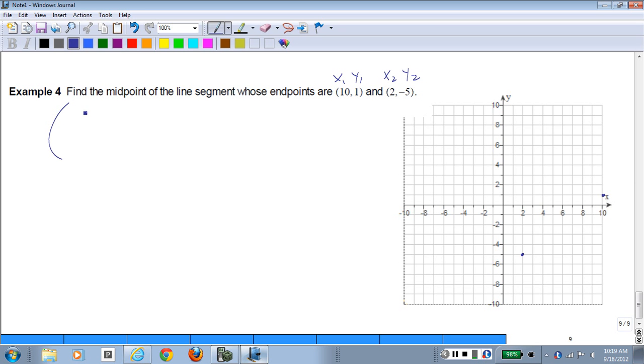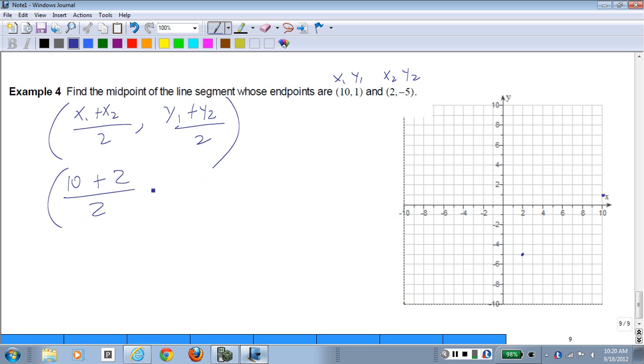So using the midpoint formula, just for reference here, I'll put it, we average the x coordinates, 10 plus 2, add them together and divide by 2. We average the y coordinates, 1 plus negative 5, add those together and divide by 2.